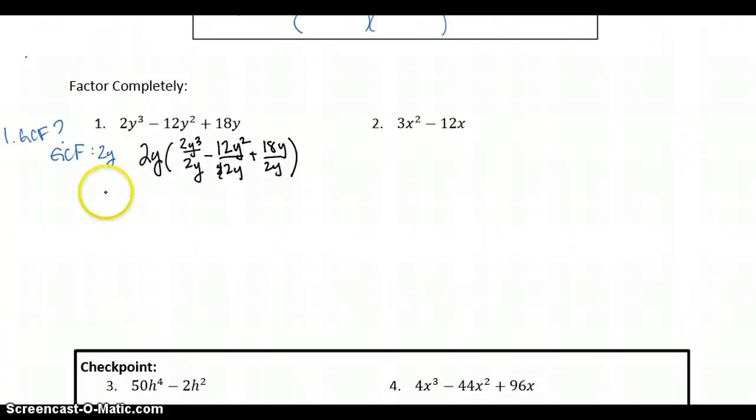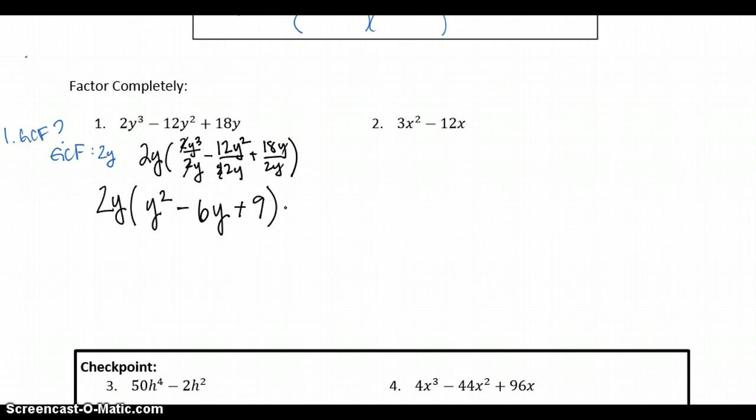When I simplify this, I'll still have 2y on the outside, and on the inside, 2y cubed over 2y: the 2's cancel, and the y's leave me with y squared, minus 12 over 2 is 6, and y squared over y is just y, plus 18 over 2 is 9, and the y's here cancel out. So I'm left with 2y times y squared minus 6y plus 9.